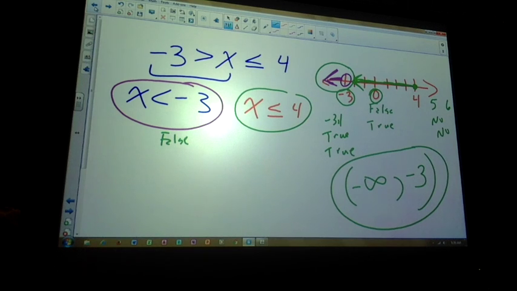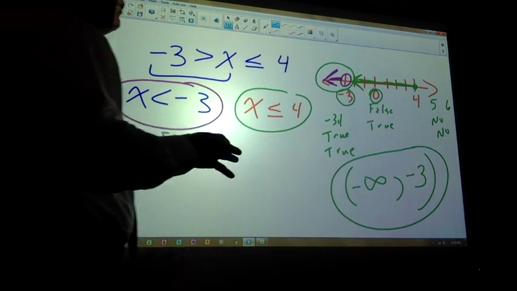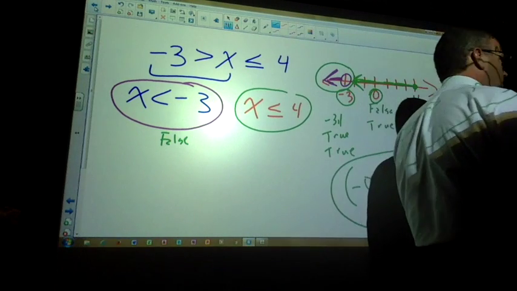Okay. So my test, I am test shading what the problem says. So that's why I have the green shaded and the purple shaded. Still with me? Now, just because I test shaded does not mean that everything's going to work. So if it's an and problem, I have to find where we have the true or the yes to answer our questions. I can't have true false or yes no or no yes or some order.